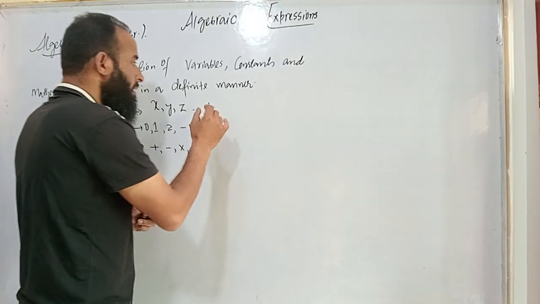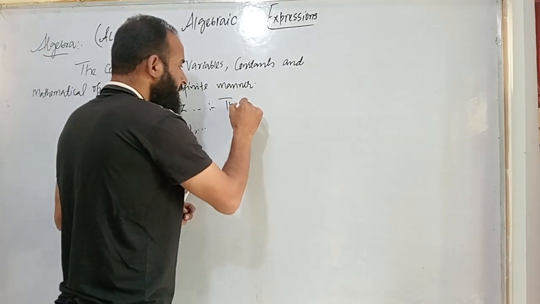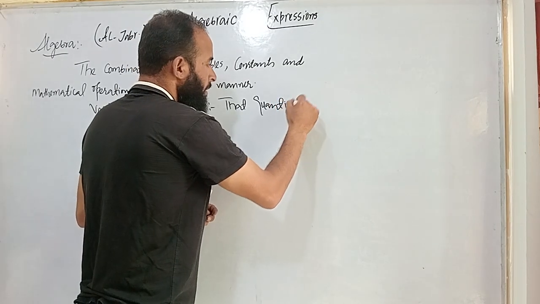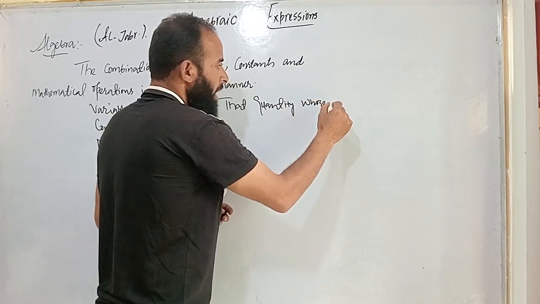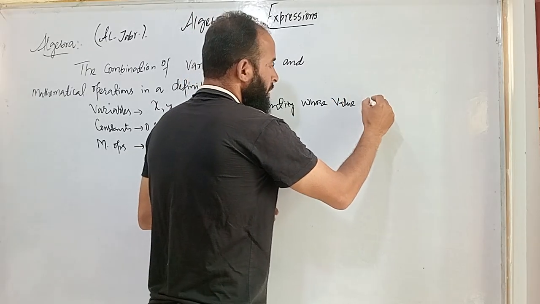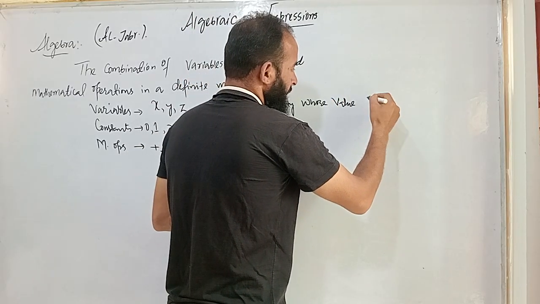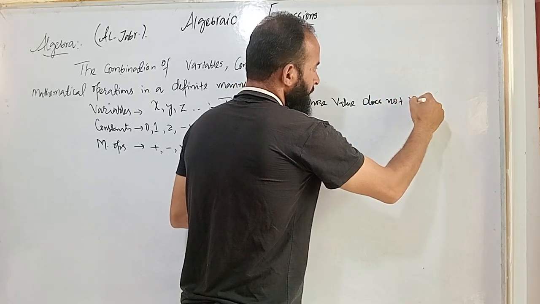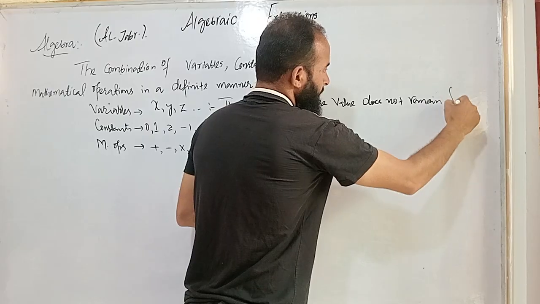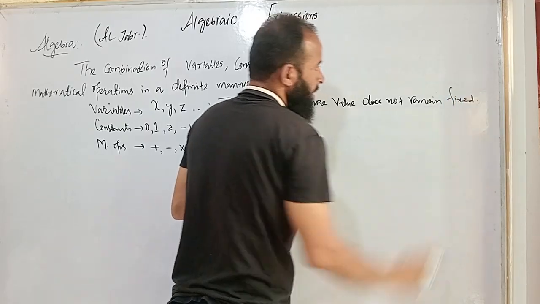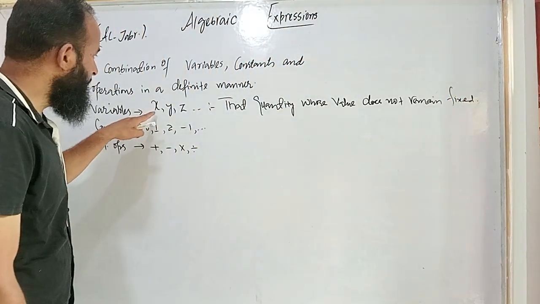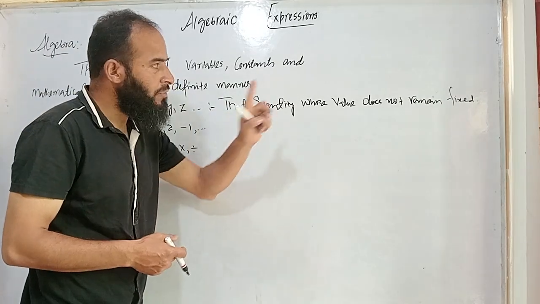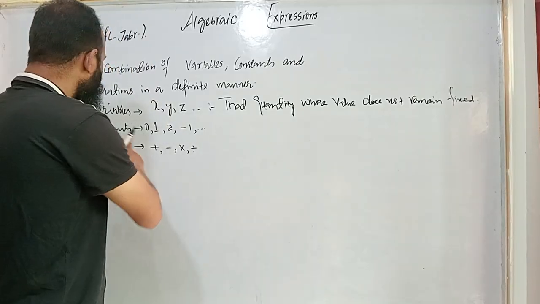That quantity whose value changes, does not remain fixed. That means x, y, z, and so on. That quantity whose value does not remain fixed is called a variable.